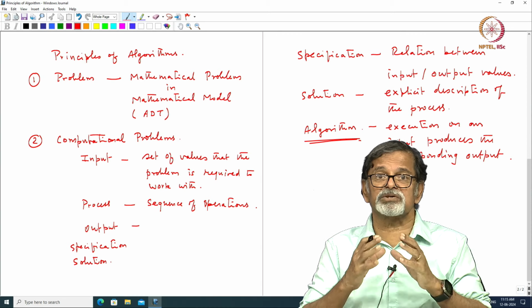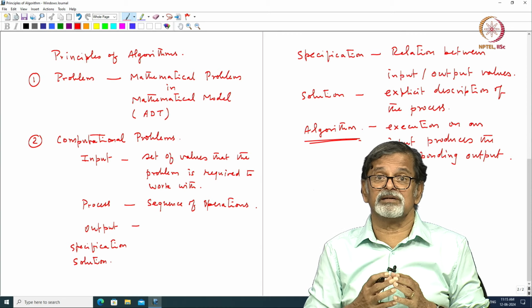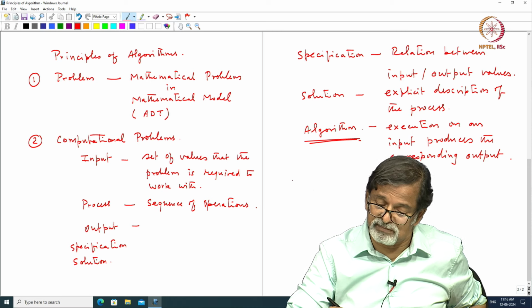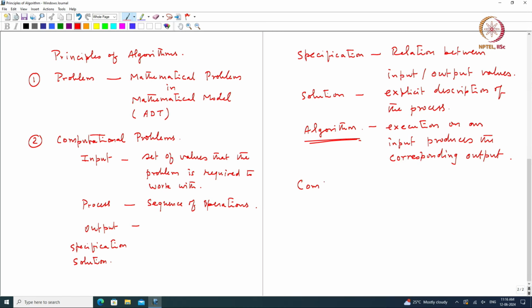The notion of complexity is the next important principle. In computer science, complexity refers to the utilization of resources. How much of the resource is used?